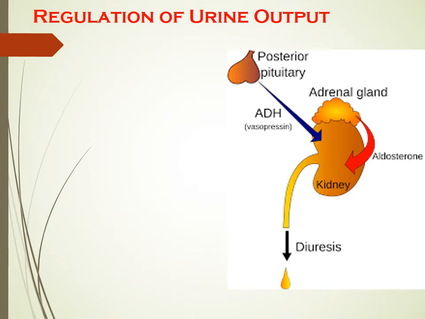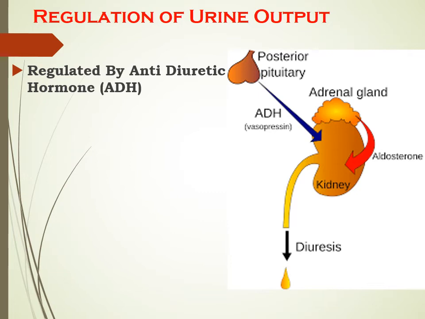Regulation of urine output means who controls the production of urine. In the endocrine system, you might have discussed the posterior lobe of the pituitary gland, as it secretes a hormone called ADH, anti-diuretic hormone.